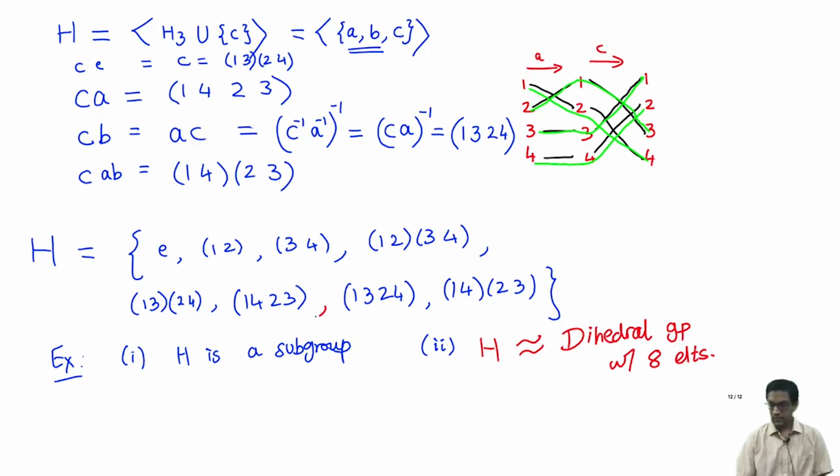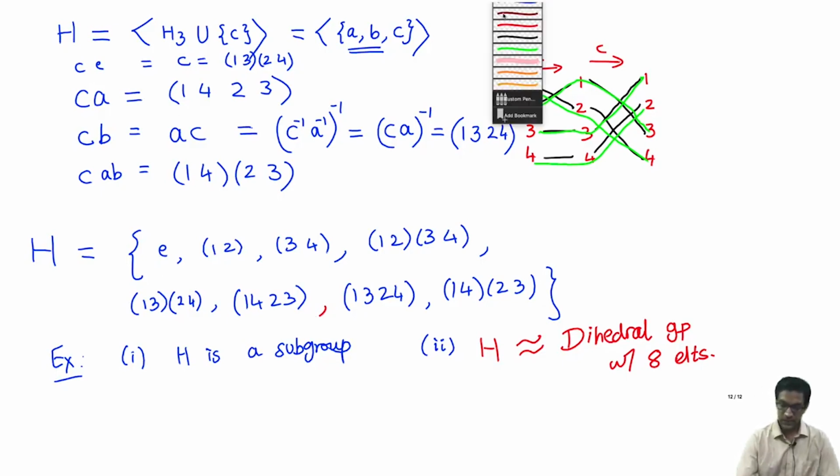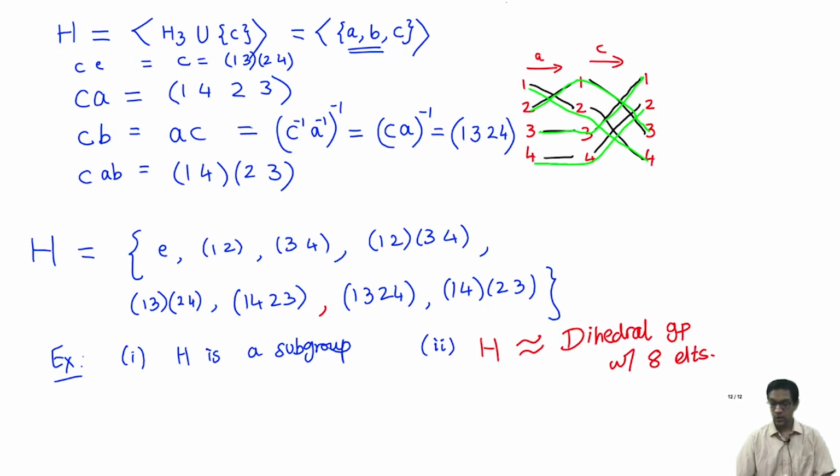Now observe something else. This subgroup H is not normal. So far I've constructed one Sylow 2-subgroup for you, but where are all the others? Observe for a start that this subgroup H is not normal inside S4.